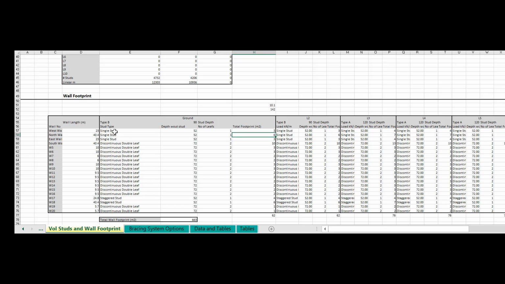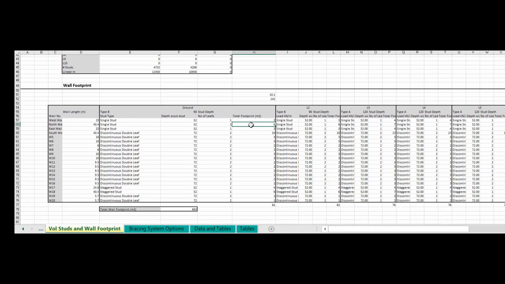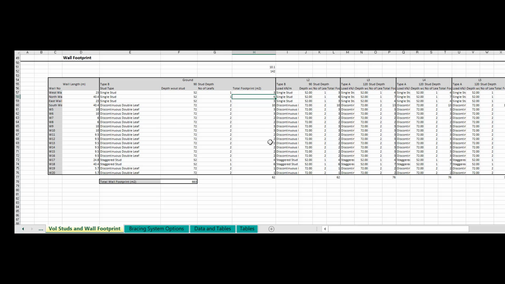That's the total wall depth, which is then multiplied by the whole wall length, and that gets the total wall footprint in meters squared. It's then added up for each wall of the entire building, and that gives us the total wall footprint. So as you toggle around on the user input page, this will change the amount of wall footprint per level, and so forth.